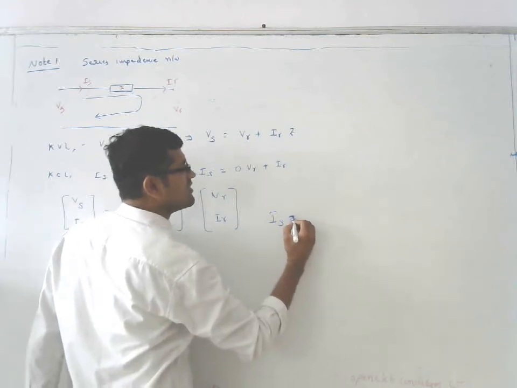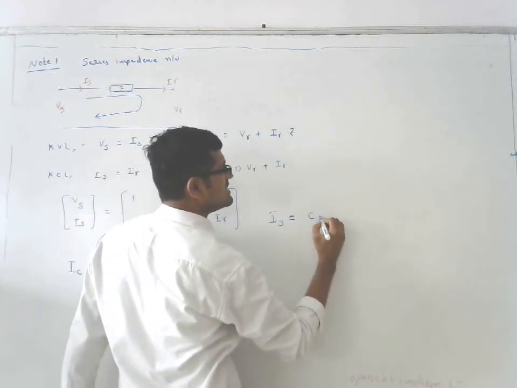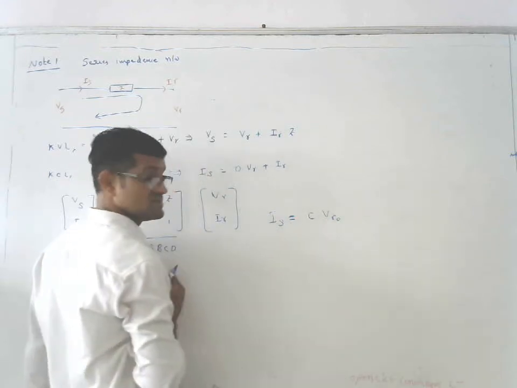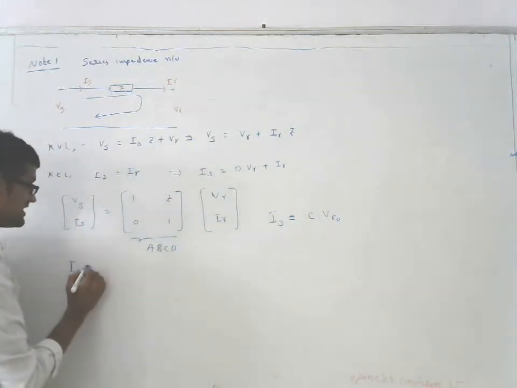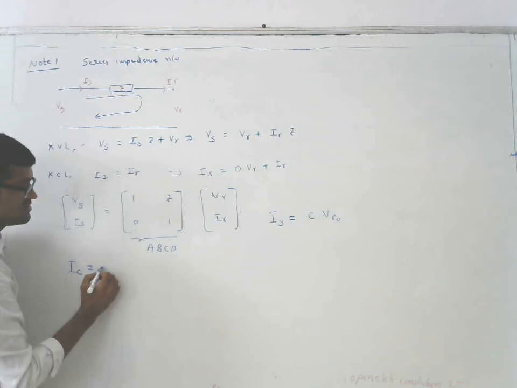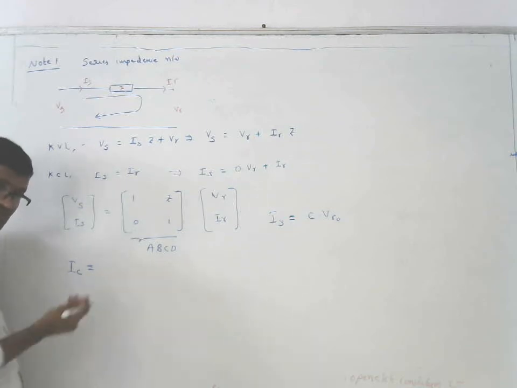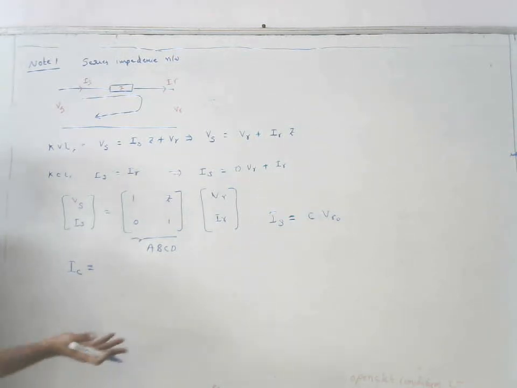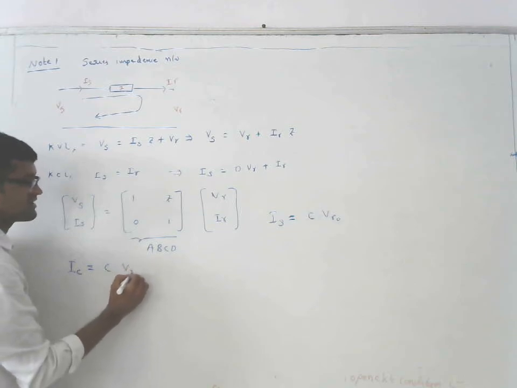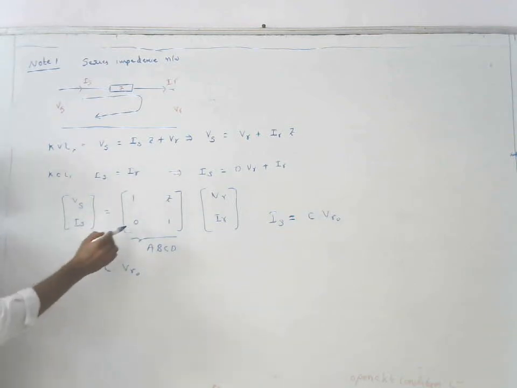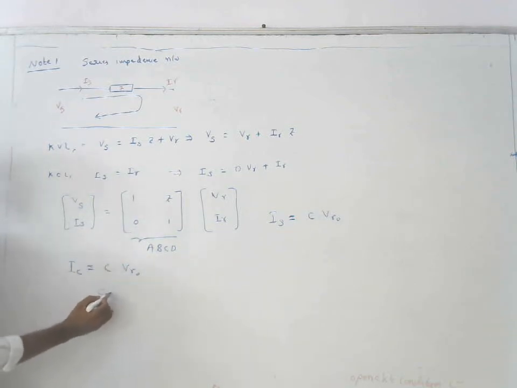See, sending end current and charging current is equal to current flowing through the capacitor. If there is no capacitor, current flowing through the capacitor is 0. What is the C magnitude here? C is equal to 0. So 0 into anything, charging current is 0. There is no capacitance effect in a short transmission line.